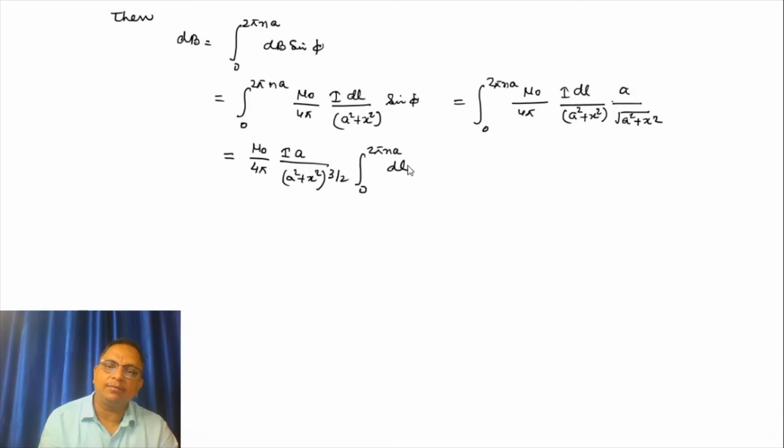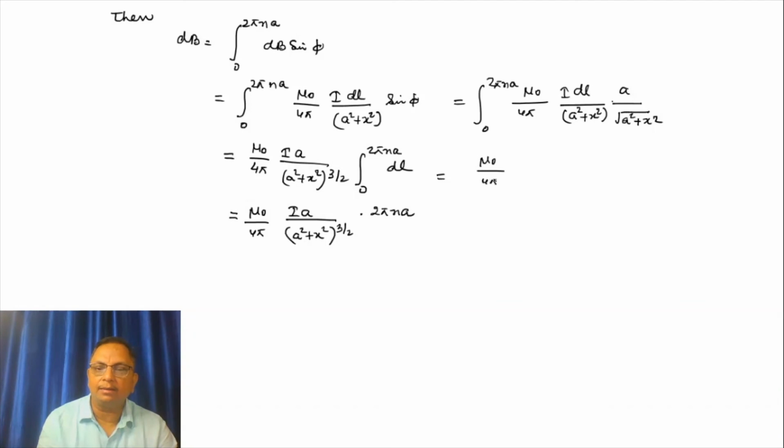The value becomes mu 0 over 4 pi I a over a square plus x square to the power 3 by 2 times 2 pi n a.